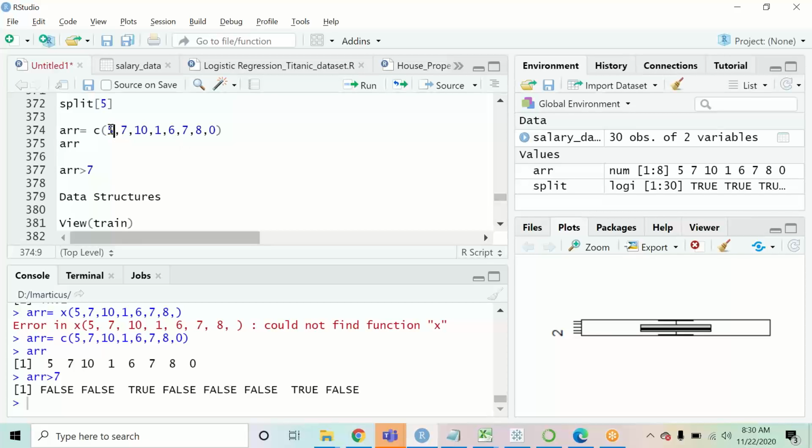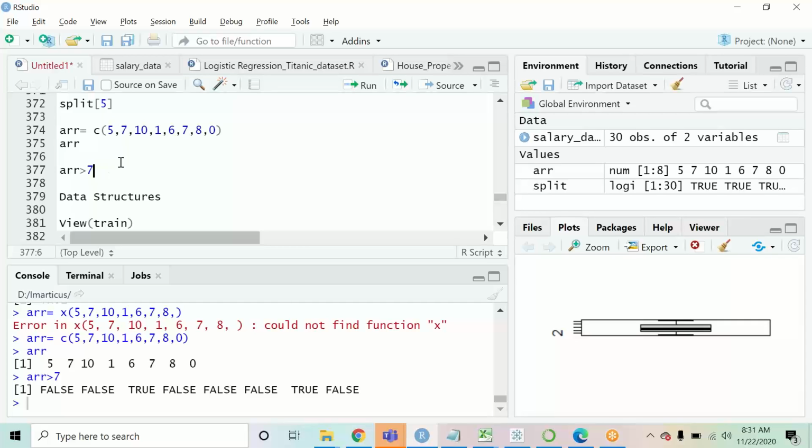So 5 is less than 7, so I get a false. 7 is again not more than 7, because if I had said array greater than or equal to 7, I would have got true, but this is not, so again I get a false. But this is true, this is false, false, false, true, and false. Correct? So this is the output that I get, logical output.